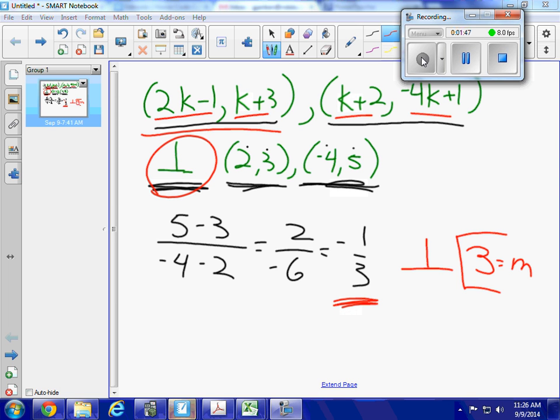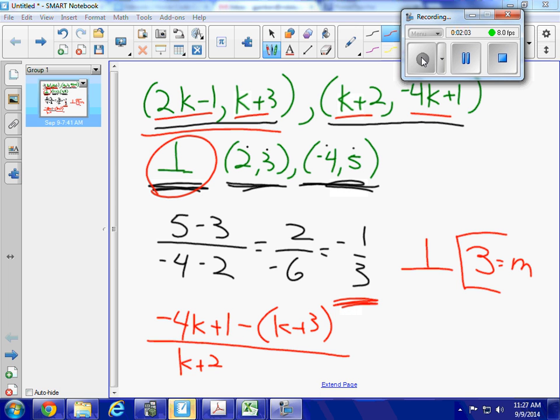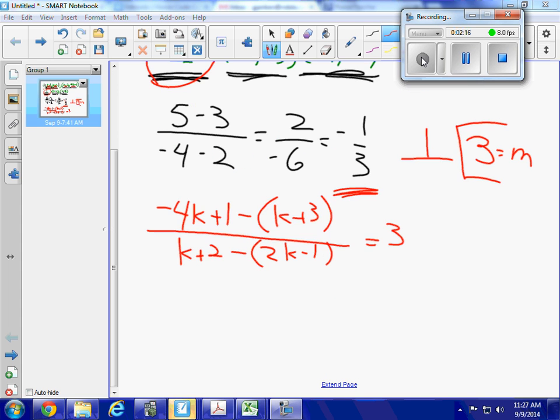So I'm going to do negative 4k plus 1 minus, and I use parentheses, k plus 3, so that way I keep my negative signs in check, divided by k plus 2 minus 2k minus 1. So that's going to be the slope of my k line, is equal to 3.